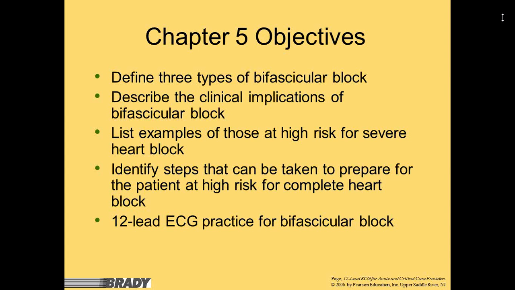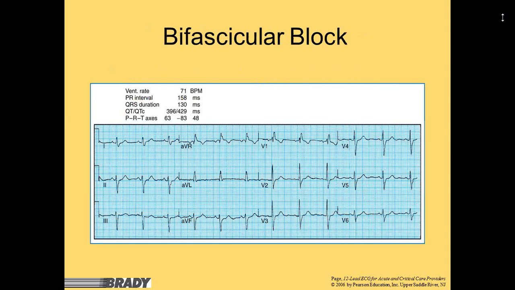Then we're going to identify steps that we can take to take care of these patients. And then we're going to practice a little bit of 12-lead interpretation on these particular blocks. So this really isn't going to take very long, and I think you're going to find it's much easier than you thought.